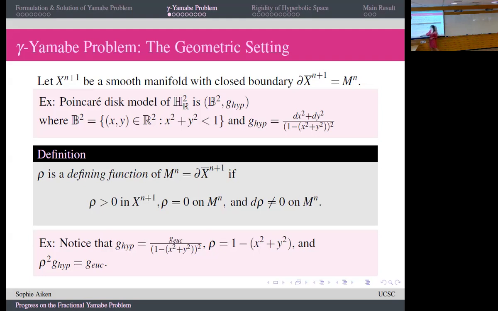So we've multiplied that to the other side: I have my defining function squared times the hyperbolic metric equals the Euclidean metric. This defining function is just a special case of a conformal transformation as well. So this is showing the conformal change between the Euclidean metric and the hyperbolic metric.